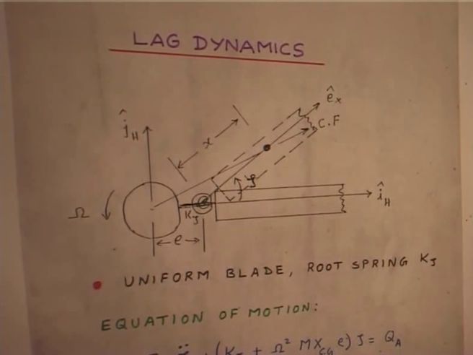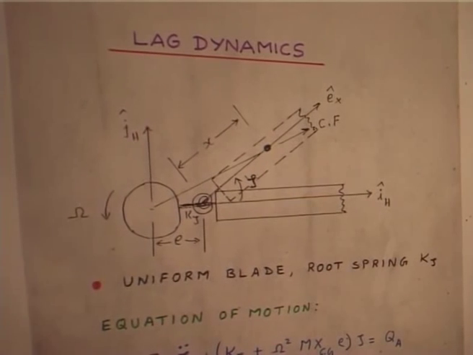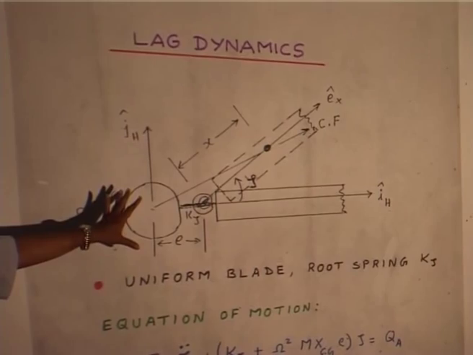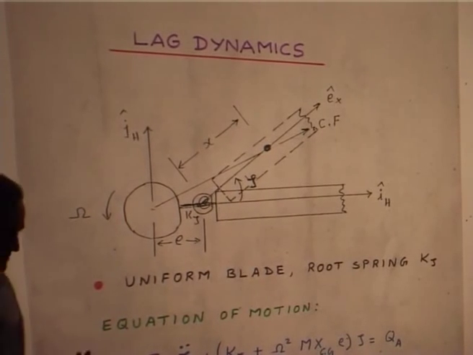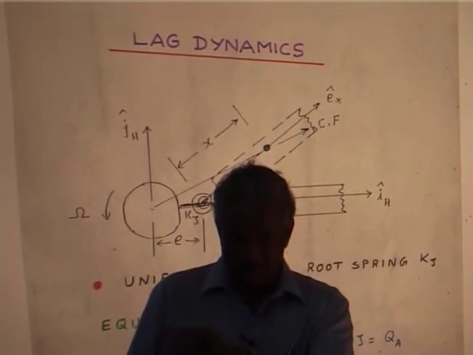When it rotates, the blade can move back and forth. This is the equilibrium position. Now, if you write the dynamics for this, the equation will be like this, that is what you can derive. If you want the derivation, I will start next class, not today.